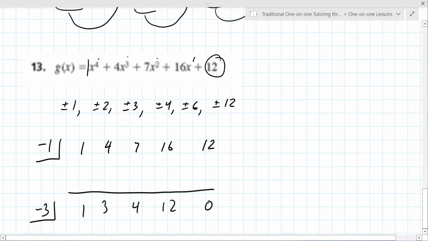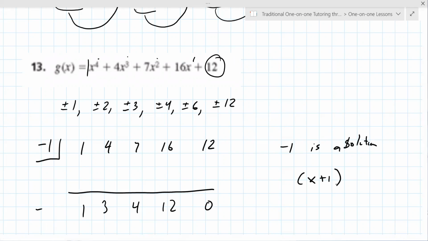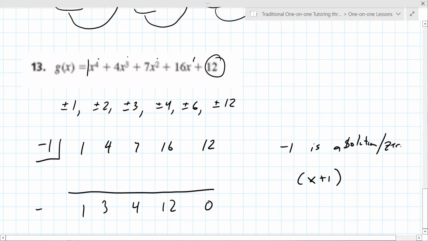Oh, sorry, before we do that, -1 is a solution, but it corresponds to the factor of x plus 1. Wait, so -1 is a solution. What does that mean? It means it's a zero. 0 and solution mean the same thing. It also means x-intercept.